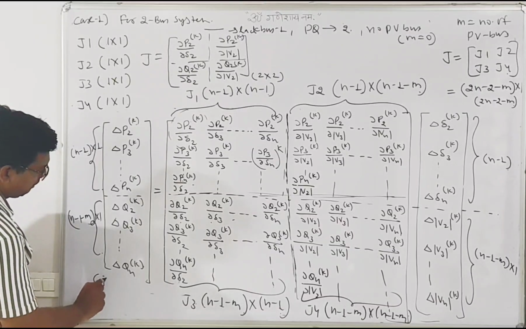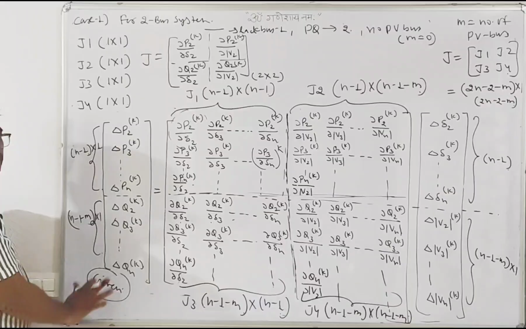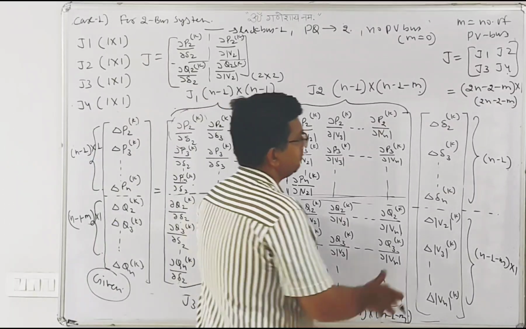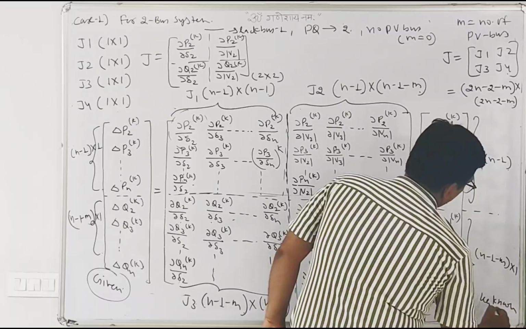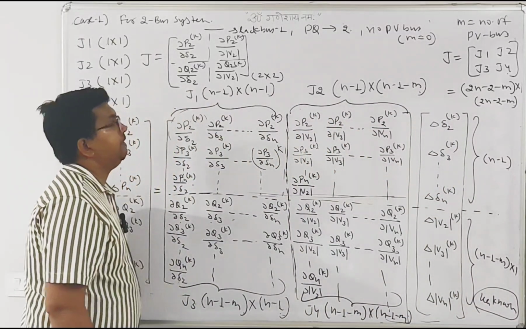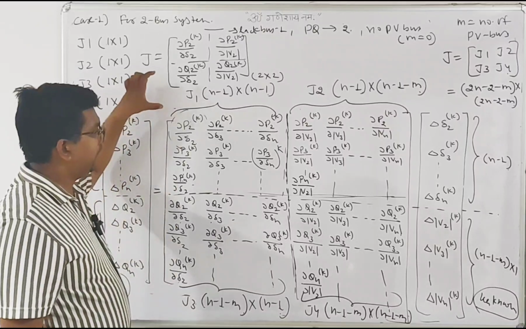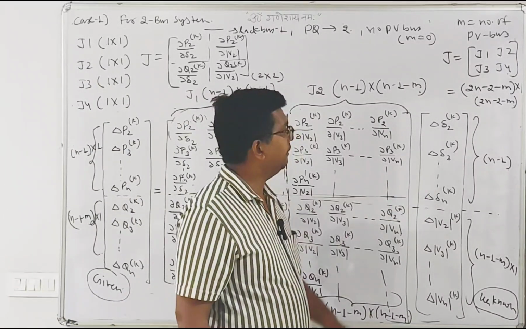Mind it carefully: these quantities will be given, and these other quantities are the unknowns which we have to determine. So basically we are given these quantities and we have to determine these unknown quantities.